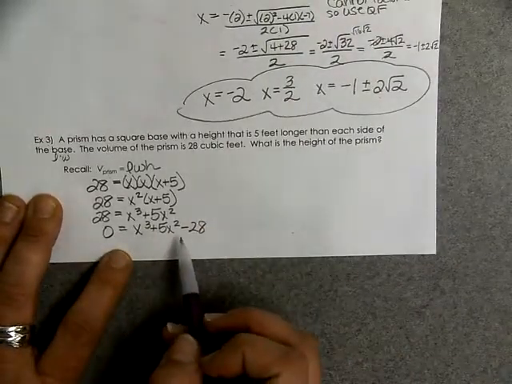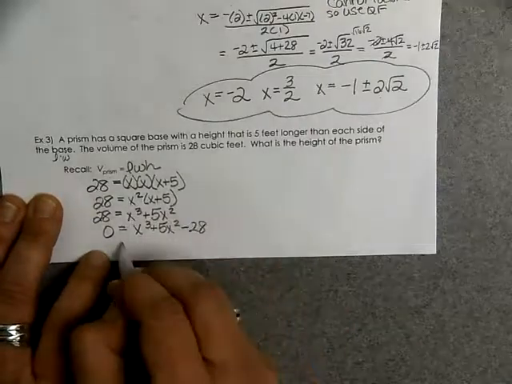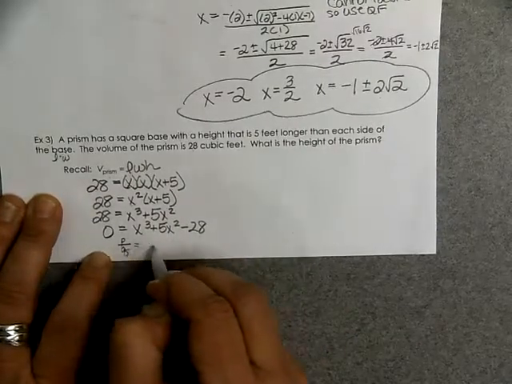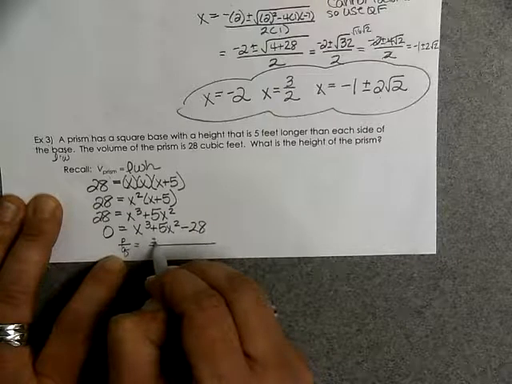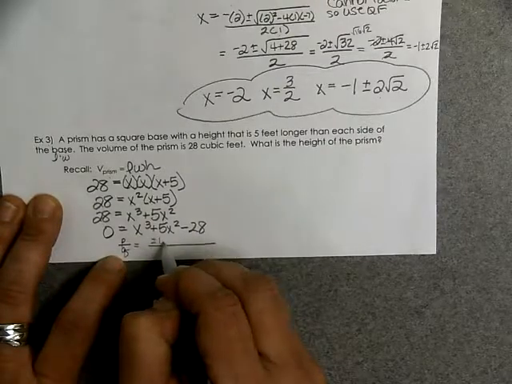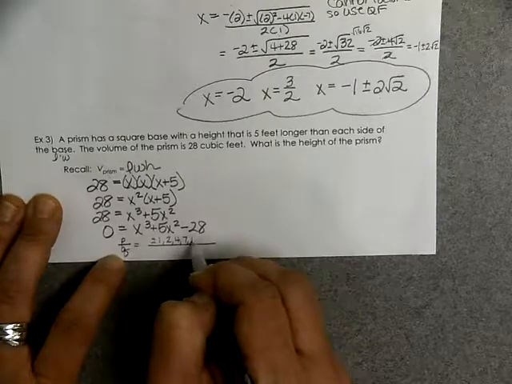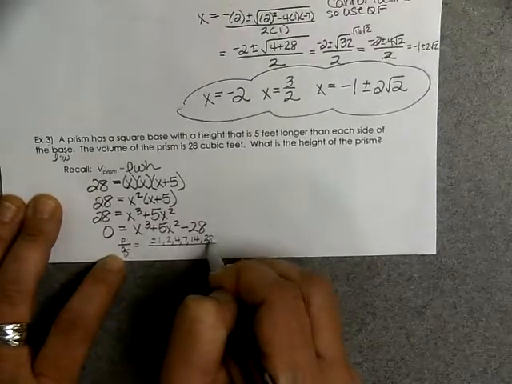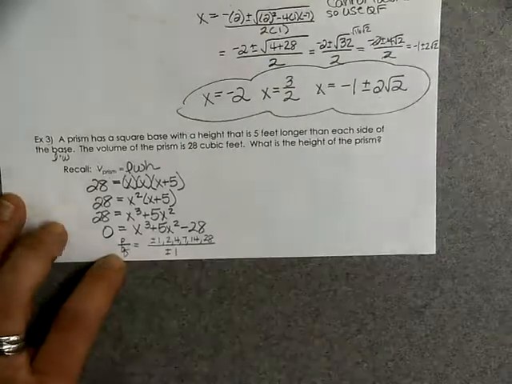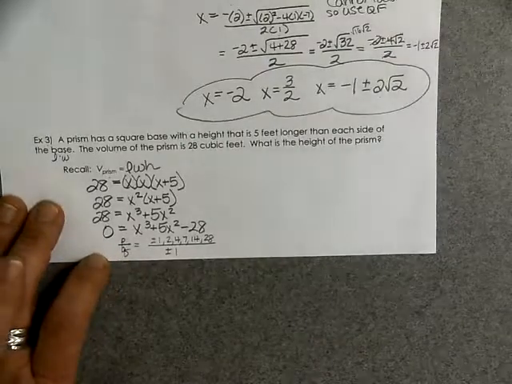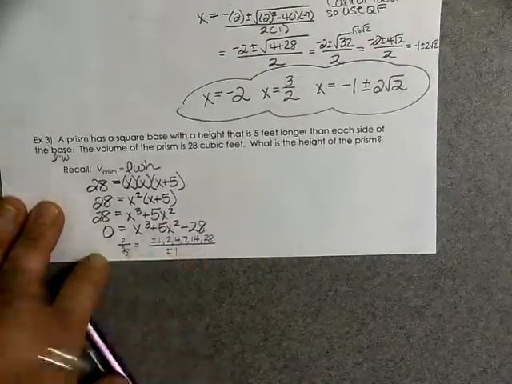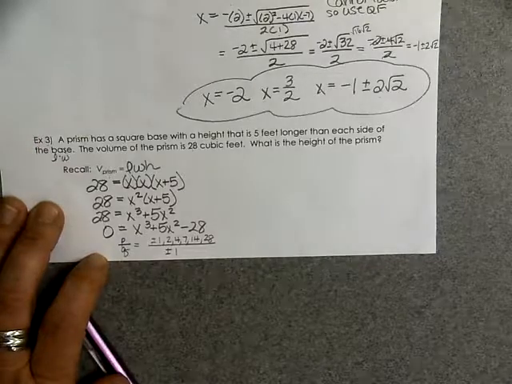We can see this is not factorable, so we would think about our P over Q's. So we'd have 1, 2, 4, 7, 14, and 28, and then plus or minus 1s in the bottom. And then we want to see which one could be our solution.